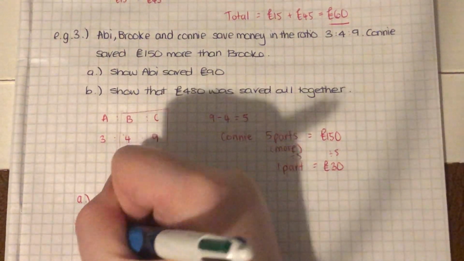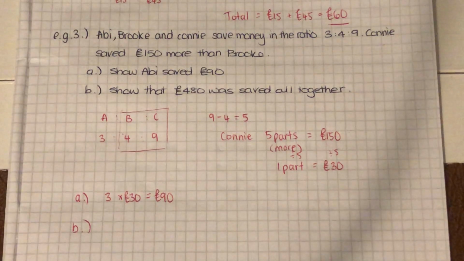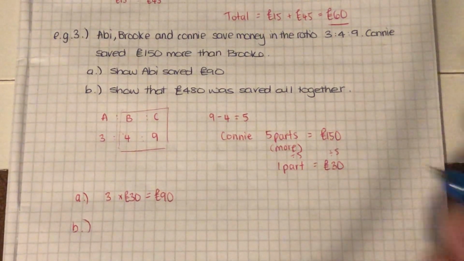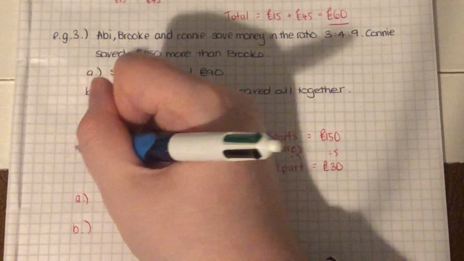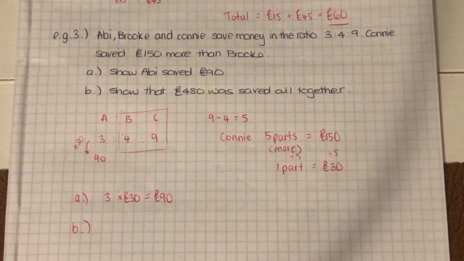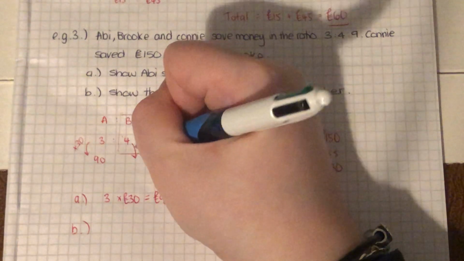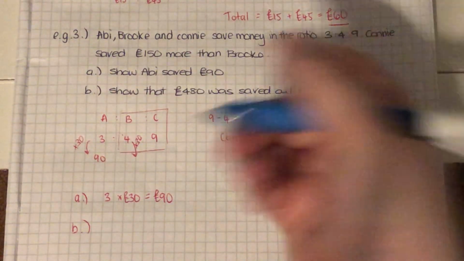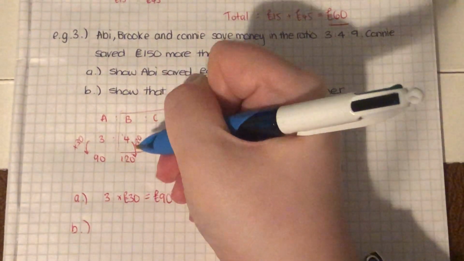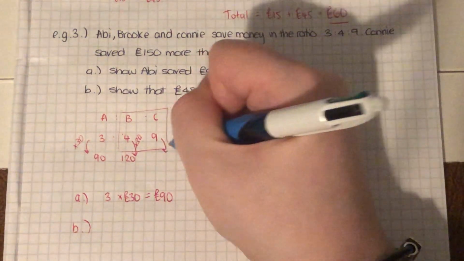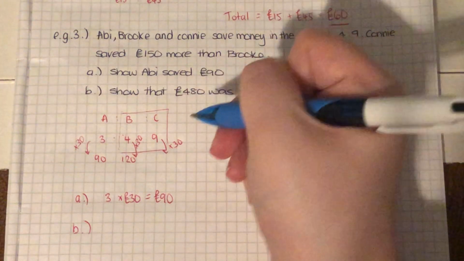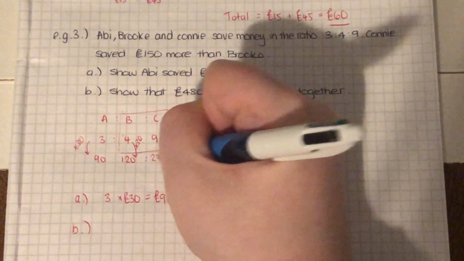So then for part B, we need to work out how much was saved in total. So we know that Abby got 90 because we times her 3 by 30. If we do the same for the rest of them. So Brooke, 4 times 30, she saved 120. Next one, you times by 30, and that gives you 270.